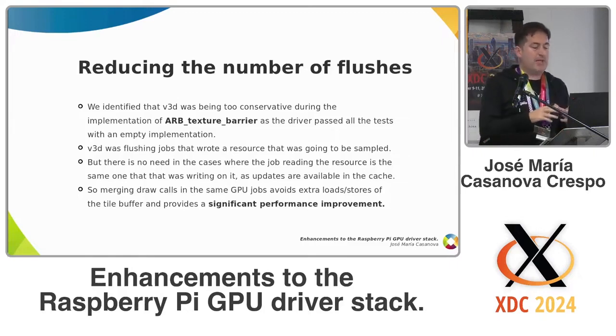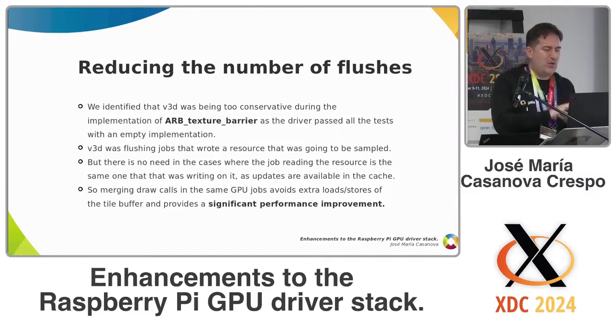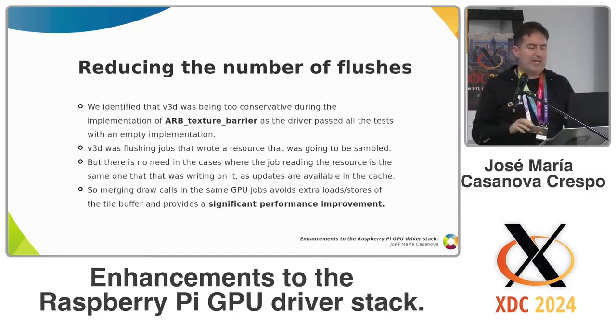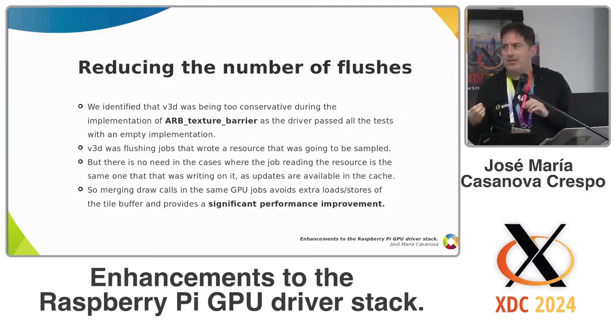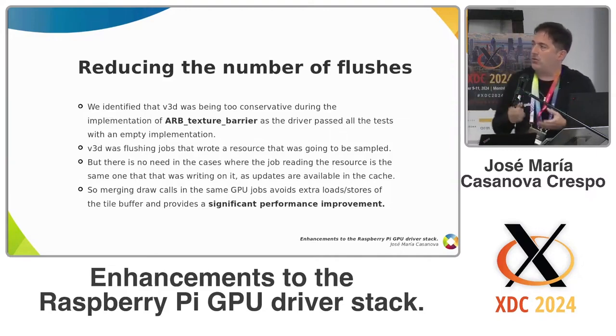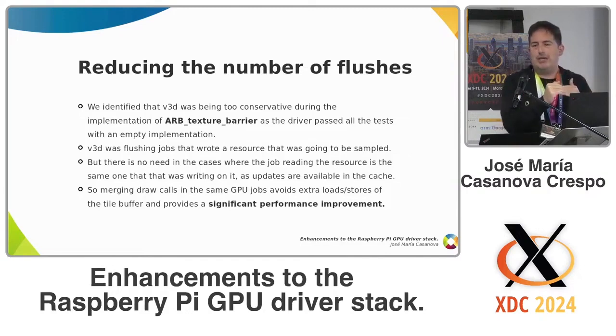The driver was being too conservative. In cases where a job was reading a resource that had been previously written, it was going to flush the job that was doing the reading. But that is not generally something we need to do if we can use the same job as before. So what we did is not flush in this case, and submit to the same job as before.